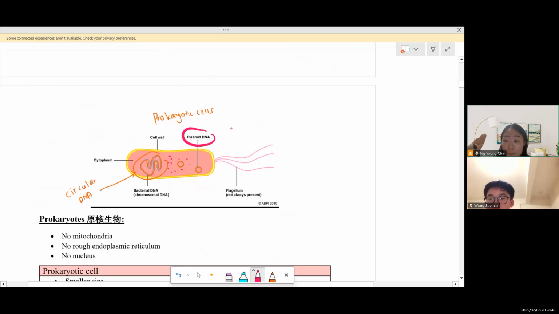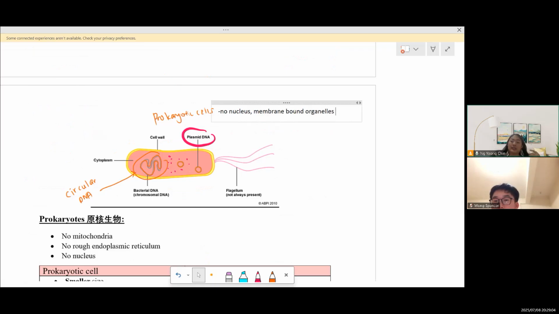But they don't have membrane-bound organelles. They don't have a nucleus, but they have the DNA inside. It's sufficient for them to make proteins because they have the DNA. No nucleus and no membrane-bound organelle in the prokaryotic cell.